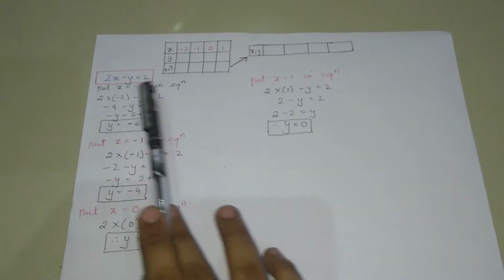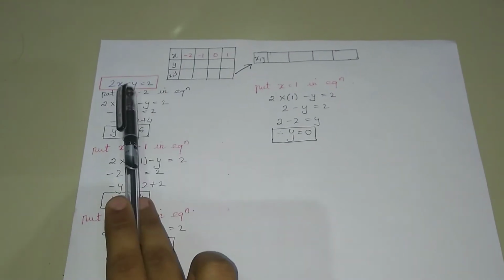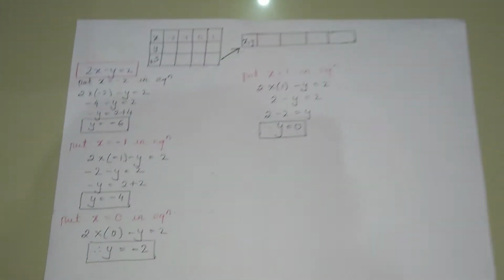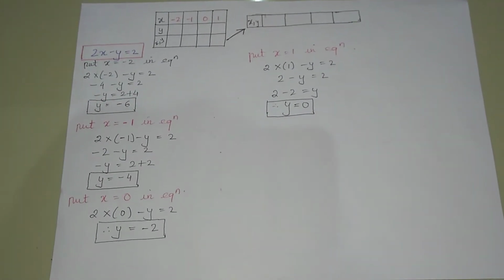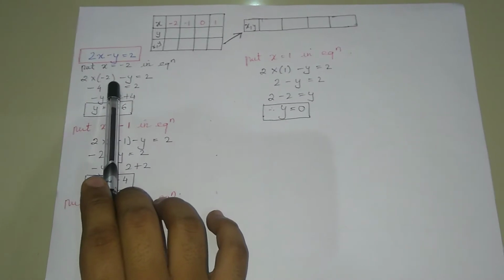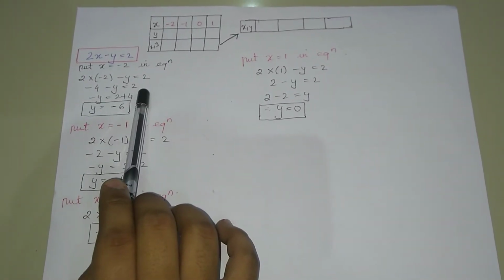We put the value x equals -2 in the equation 2x minus y equal to 2. So 2 times -2 minus y equal to 2, so -4 minus y equal to 2.